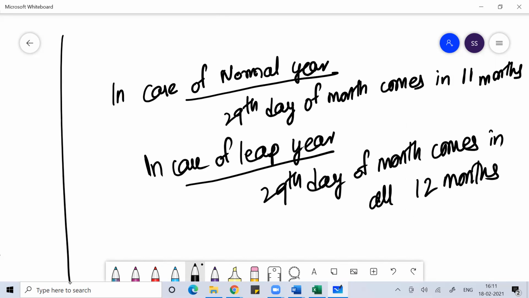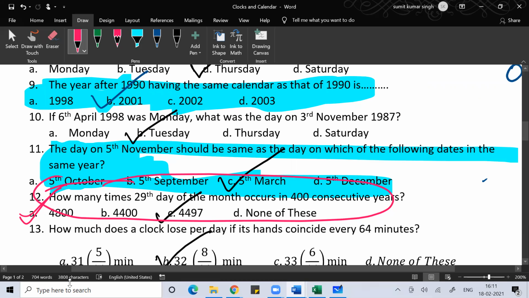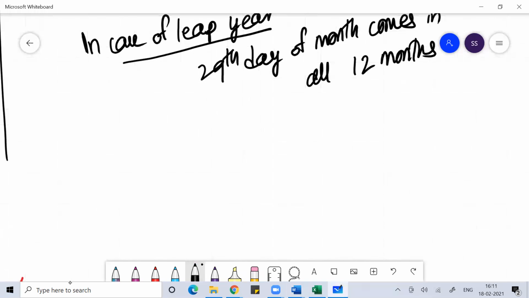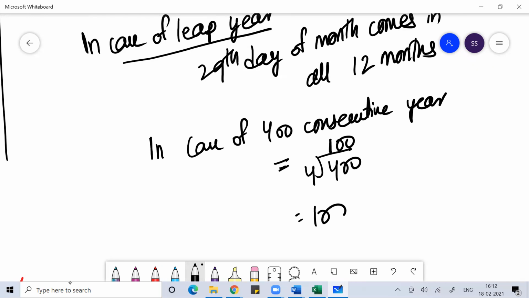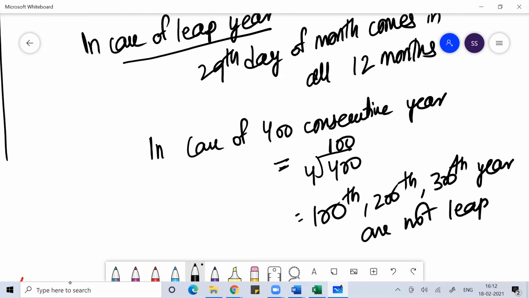So what I need to calculate in this question, for 400 consecutive years, is first how many leap years and how many normal years there are. 400 divided by 4 gives 100, because a leap year comes after every 4 years. But the 100th, 200th, and 300th years are not leap years, because you know the reason already.